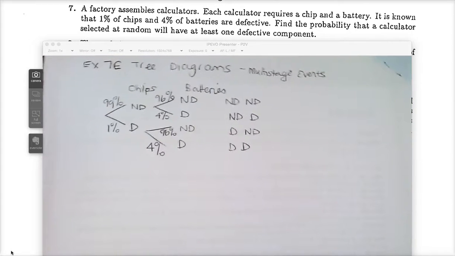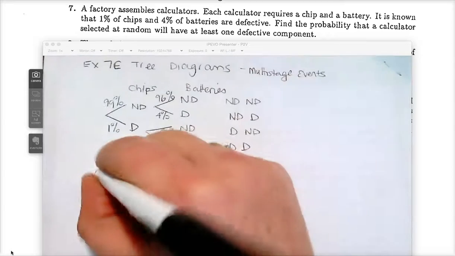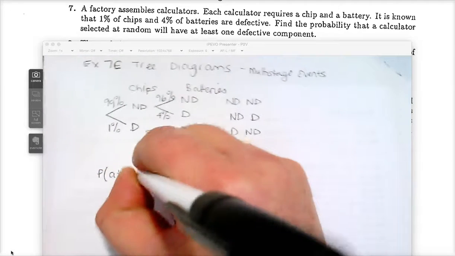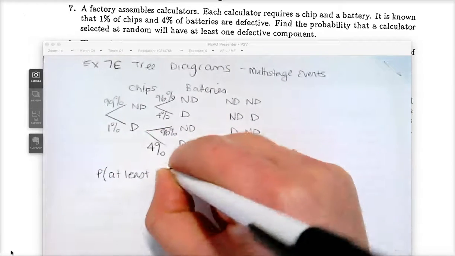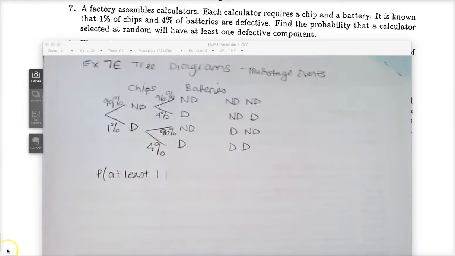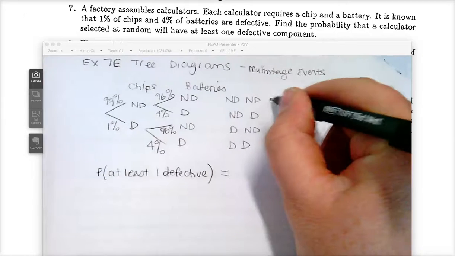It is known that 1% of chips and 4% of batteries are defective. Find the probability that a calculator selected at random will have at least one defective component. Probability of at least one defect. Isn't it the ones that I'm circling?